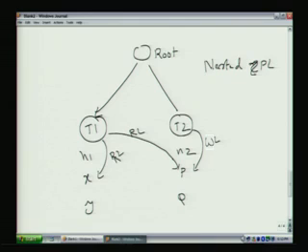Now, any lock request that is needed by a transaction is sent to the root node, and it is the root node which acquires the locks on behalf of the children nodes.